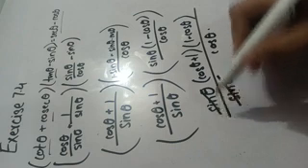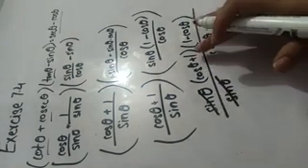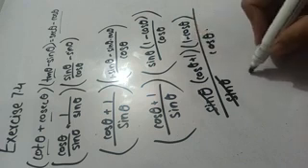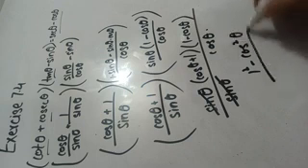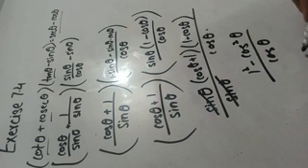So this sine theta can be cut out. So here the formula again applies: a square minus b square is equal to a plus b and a minus b. So it will become 1 square minus cos square theta over cos theta. So 1 minus cos square is equal to sine square theta.